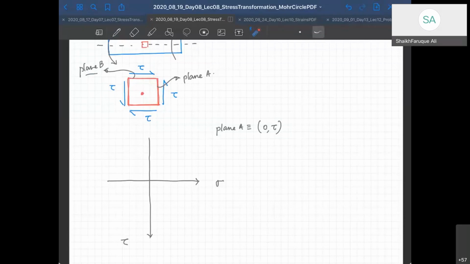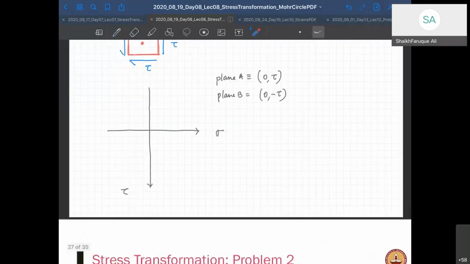And plane B is 0, minus tau. So we have to be careful. This is my tau value, the positive shear stress downward.